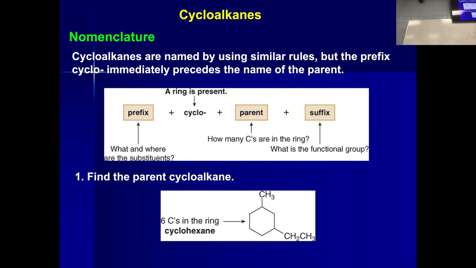What about this group? Well, how many carbons does it have? It's got these 2 carbons with 3 hydrogens, and it's got this carbon with another hydrogen on it. So how many carbons is that? 3, and 3 is what? Prop, right? Propyl. But wait a second.